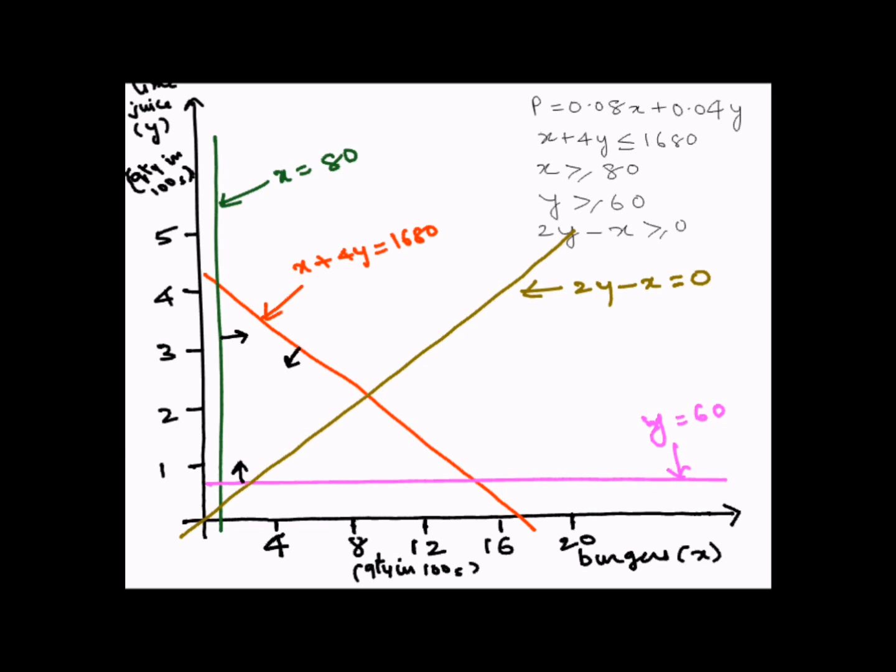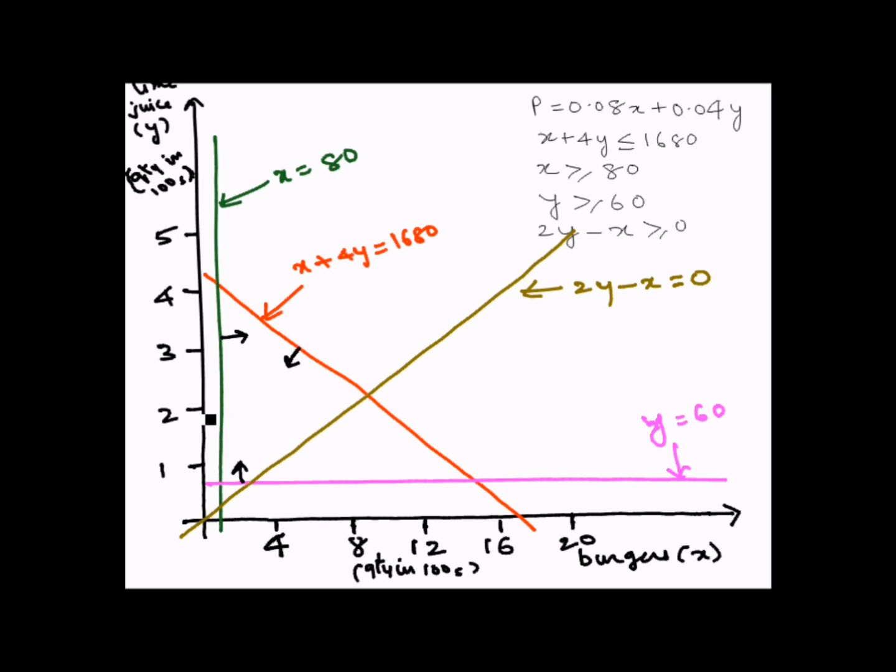Now for the fourth, which is 2y minus x is greater than or equal to 0, let us identify the feasible region for this constraint by identifying 2 points, one on each side of this line. So let's take the first point which is 2 and 4, which seems to be in this area above the line.